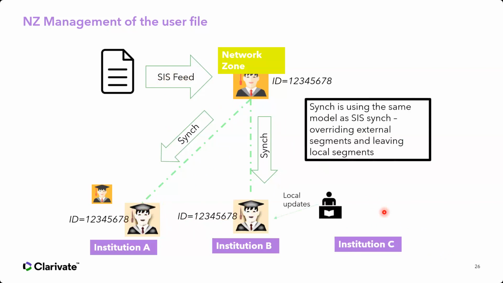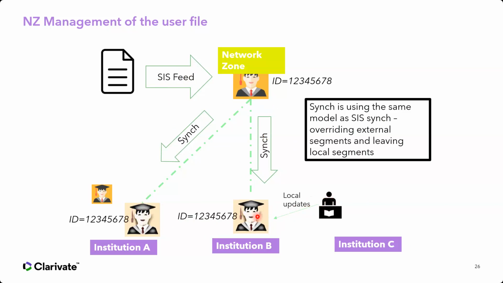Now, if we understood that concept of these accounts here at the institutions being like SAS accounts, they're external accounts, their source is the network zone, but other than that, they behave like any other external account, then the rest is easy to understand. For example, you can create local updates or local internal segments to the account at the institution B in this example.